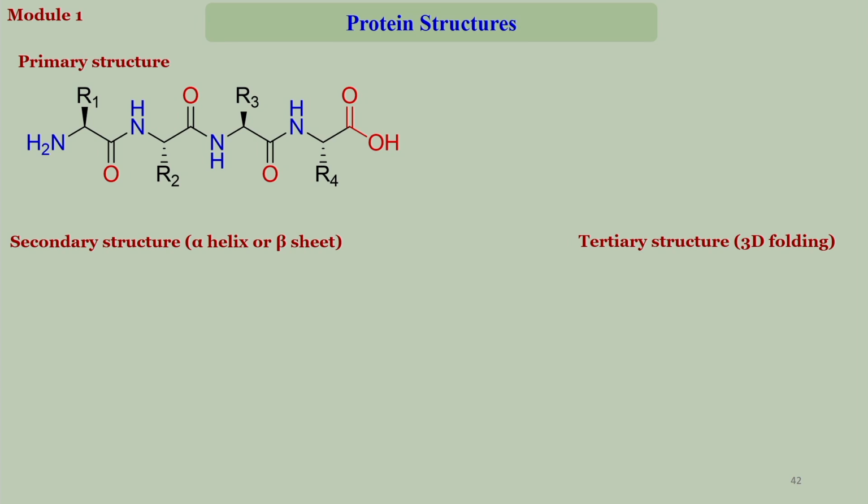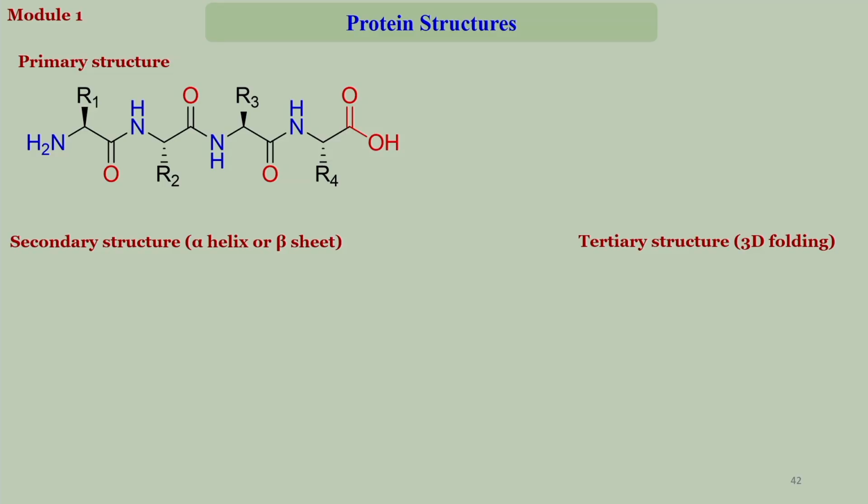Now, coming to the structure of the proteins. I will come to the Ramachandran plot in a bit. Protein has this skeleton, as we have been discussing again and again, with the stereochemistry involved in it. Now, this is called the primary structure of the protein, which simply means the sequence of the protein, and then comes how the primary structure is involved in forming the secondary or the tertiary structure of the protein.